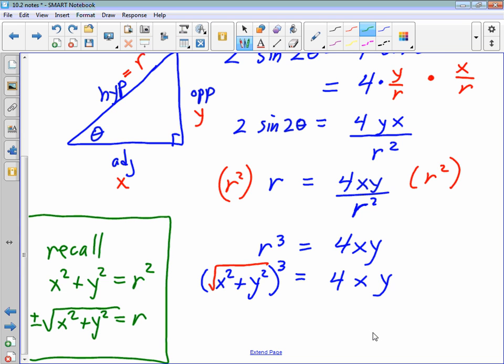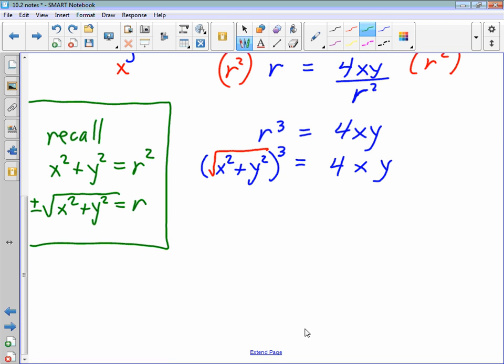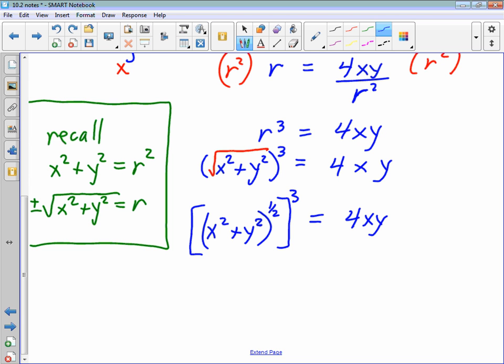Okay? Now, I'm going to go a step further and swap these. And this might make you a little uncomfortable, but I think it'll make it better. So now I can say x squared plus y squared to the 1/2, to the third, equals 4xy. Okay?